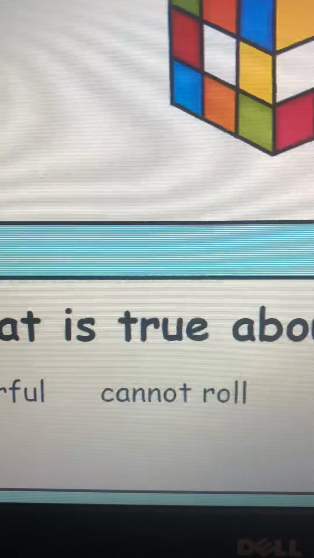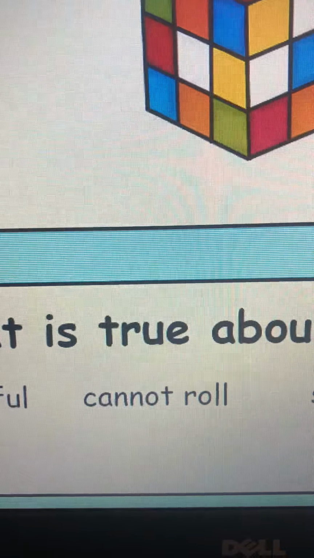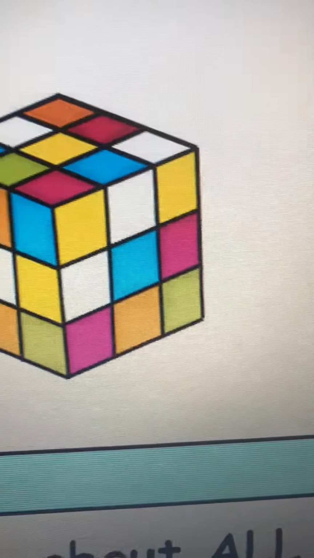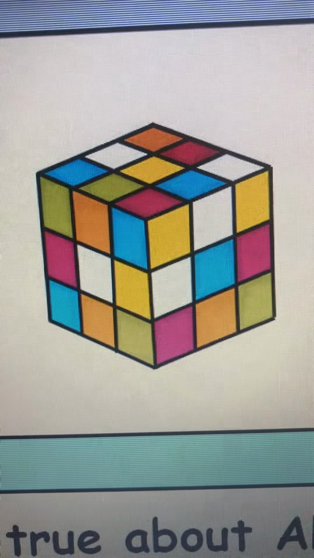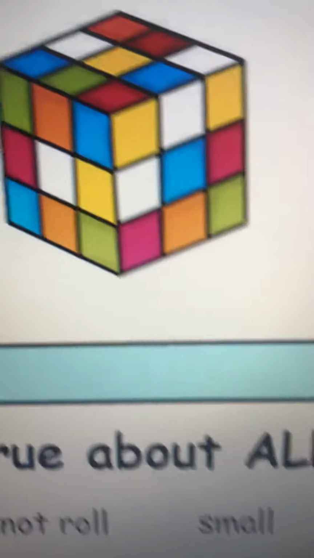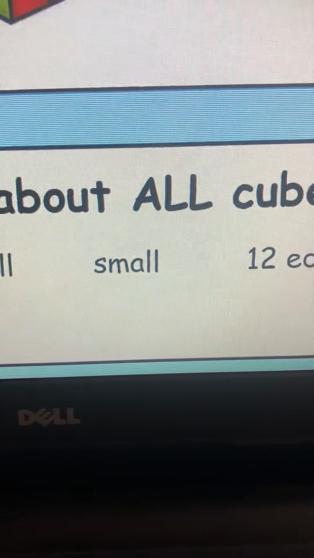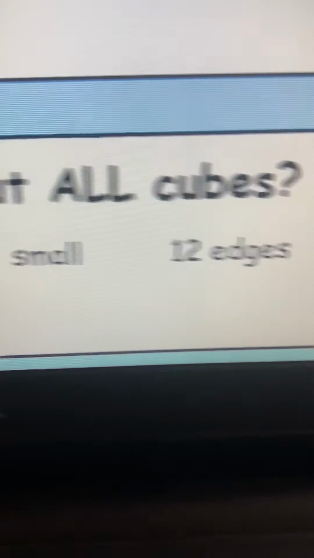A cube cannot roll. The reason it's not gonna roll is because all these faces are joined together in a way that it's gonna slide instead of roll. All small. Well, cubes can be any size, so no.